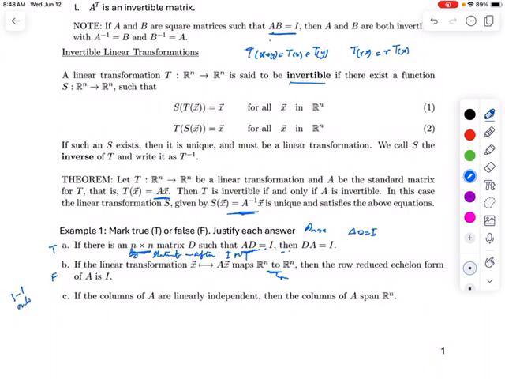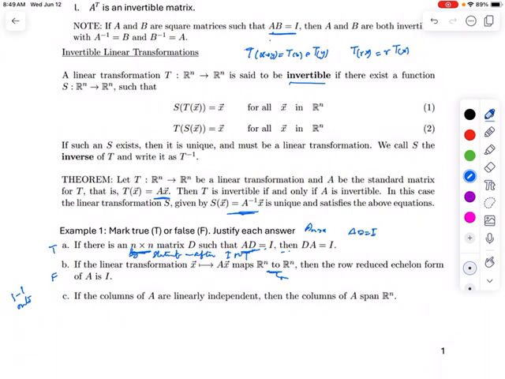Any function can be a function from set A to set B, but onto and one-to-one are special things. So in the statement of the IMT, if you look at statement I, the linear transformation maps Rn onto Rn.